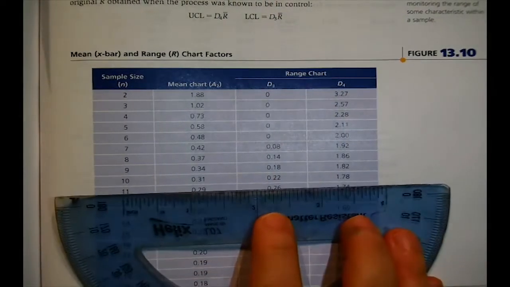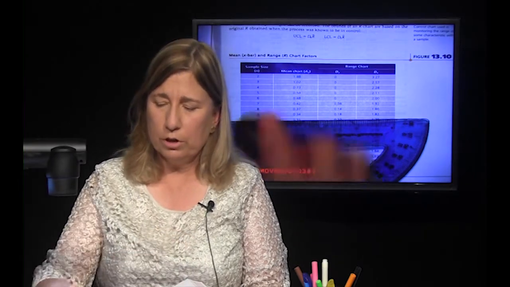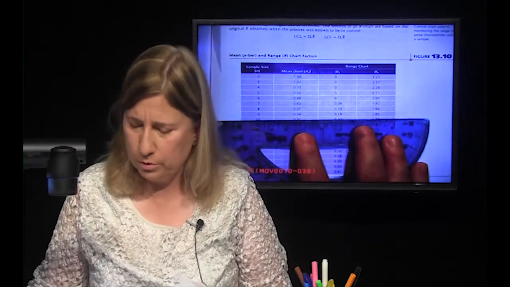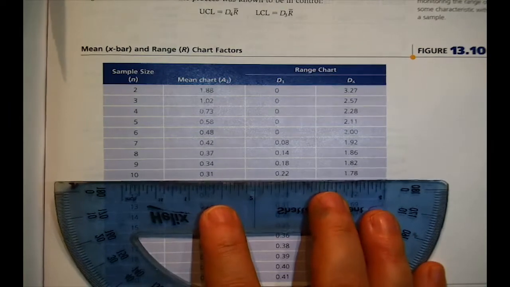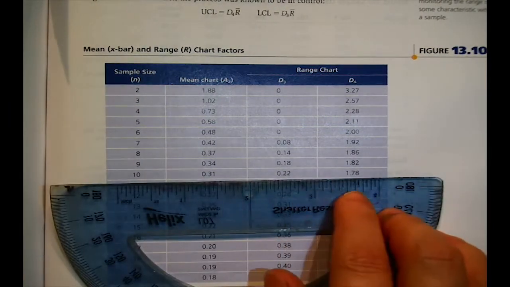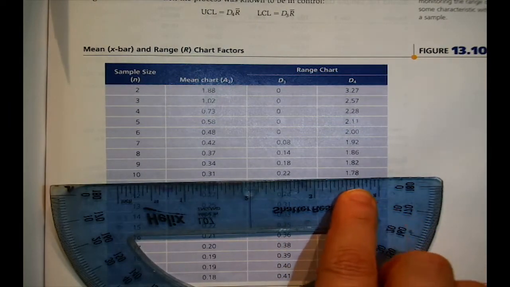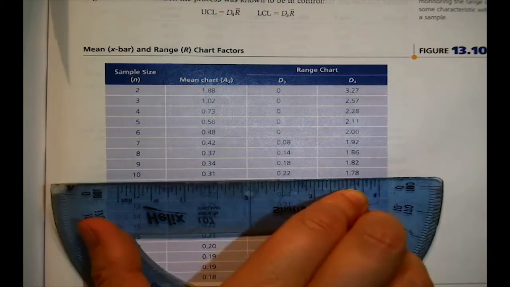They were using 1.78, which meant that when they went to that table to find what they needed, they landed on that row. Oh, but if you were actually drawing a range chart, what is it that you look up to know what row to read? You look in the first column, you look up the sample size. So they looked up their sample size and said, oh, we need a D4 factor of 1.78. That means their sample size must have been 10.